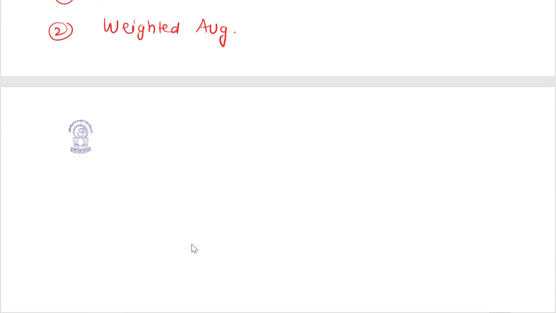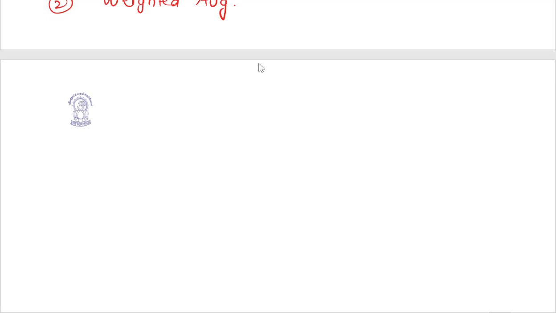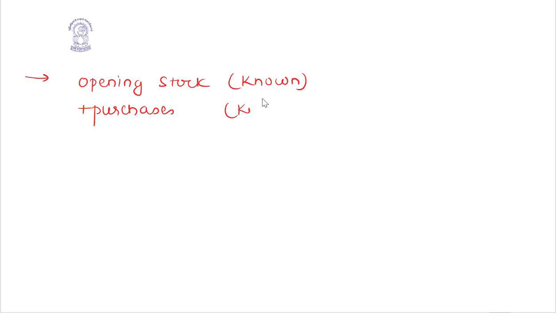How do we calculate cost of sales? Generally, opening stock or opening inventory is known, plus purchases is known to us, minus closing stock, that is closing inventory.